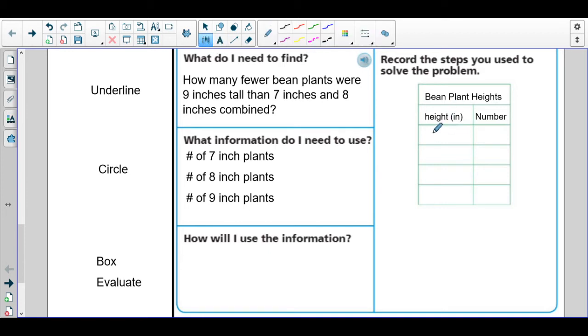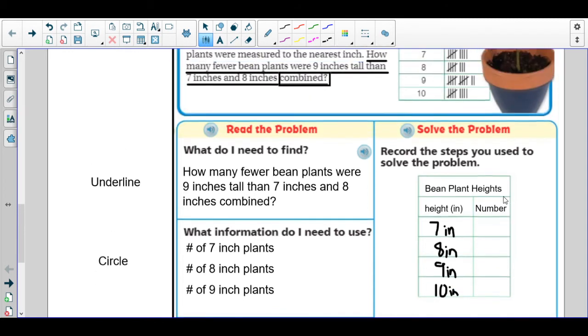So right here we've got the 7-inch plants, the 8-inch, 9, and 10. So those are the heights. Now we need to go and check the tally marks up here.